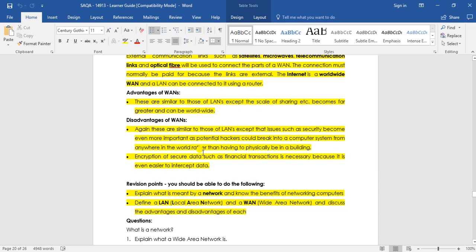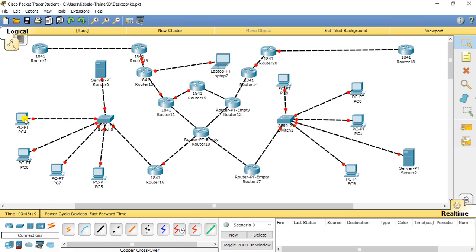I just want to explain the first point, that issues such as security become even more important as potential hackers could break into a computer system. So let's say we've got this setup, this LAN. In our LAN we've got a bank, let's say maybe this is Old Mutual, for example.